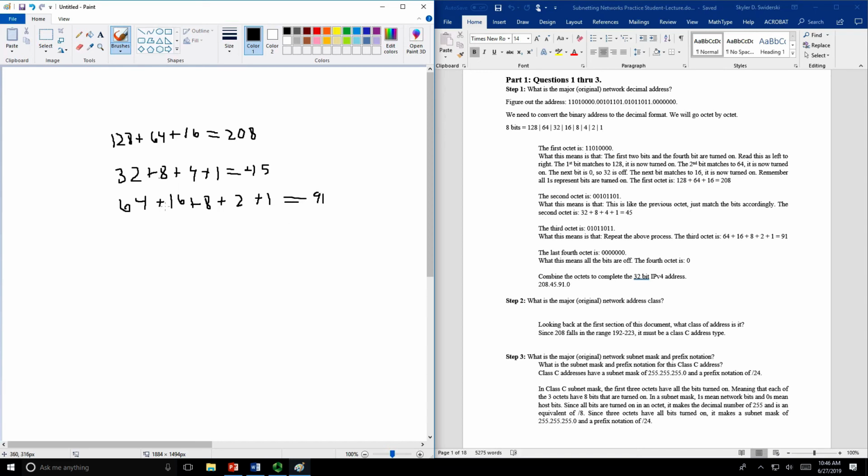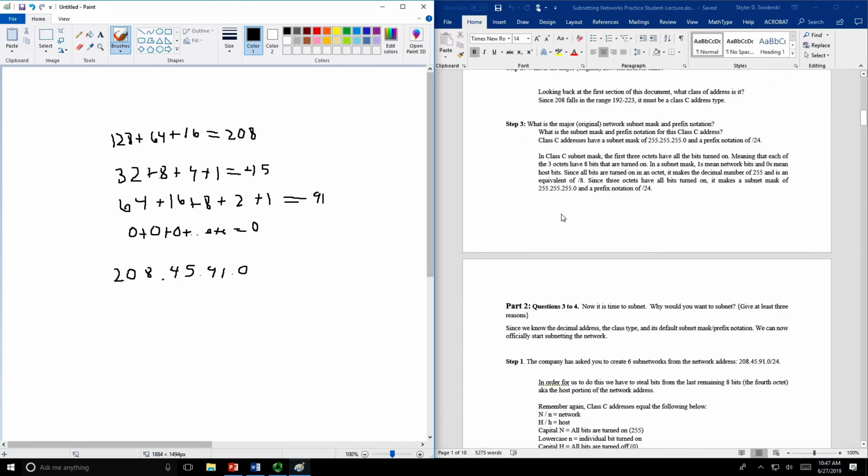And since the last octet is all zeros, the decimal version is 0. Now that we have all of our octet numbers, we simply put them together to make a complete 32-bit IPv4 address. In this case, the IPv4 address is 208.45.91.0.